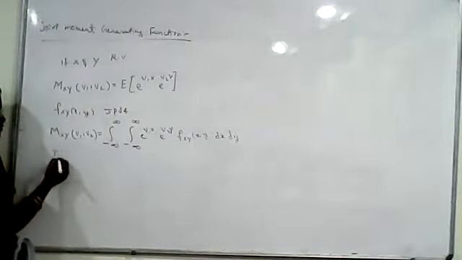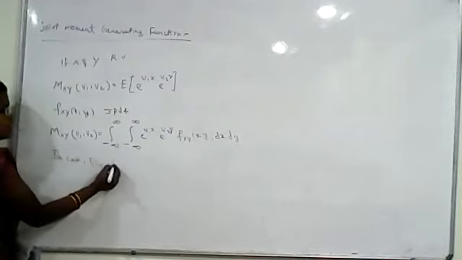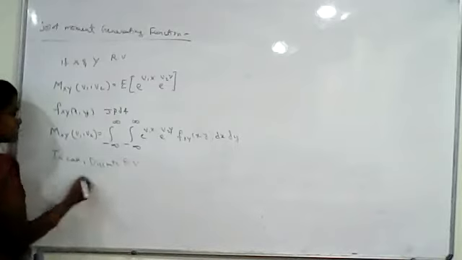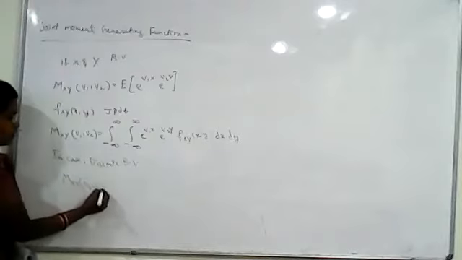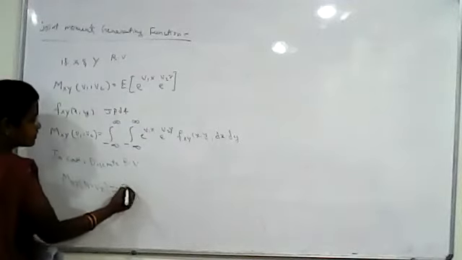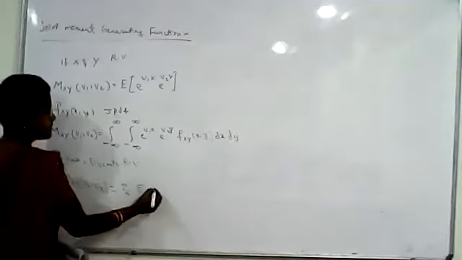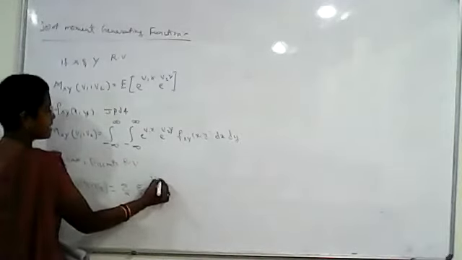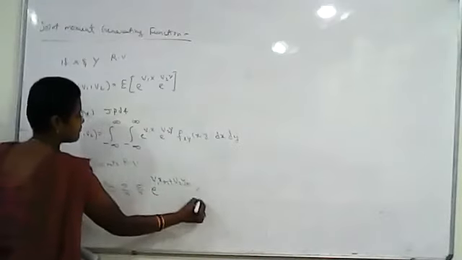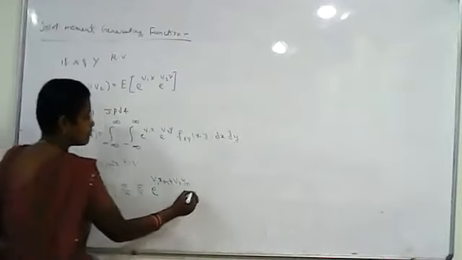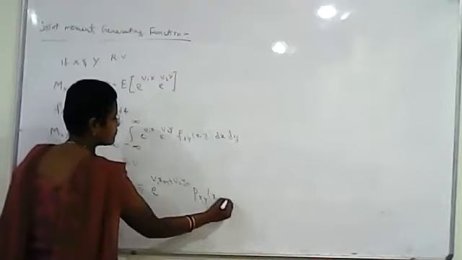Now, in the case of discrete random variables, the joint moment generating function M_XY of v1 comma v2 can be written as the summation with respect to m, summation with respect to n, e power v1 x_m plus v2 y_n, and we will be having the probability mass function p_XY of x_m comma y_n.